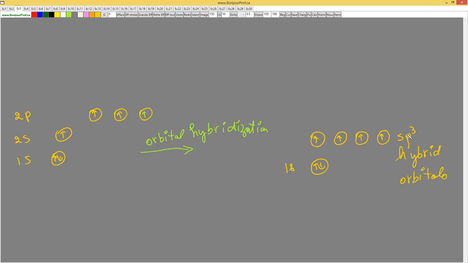Why do we call them sp3? Because we mixed 1s with 3 p's. What we mixed is 1 s orbital plus 3 p orbitals. That we call sp3.